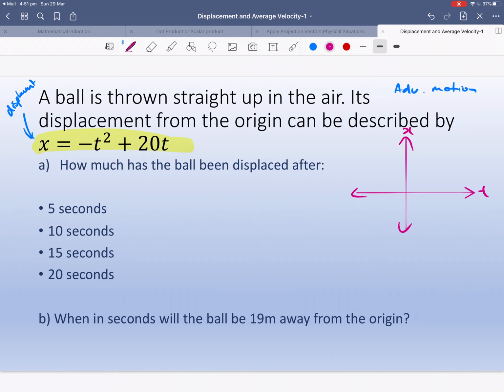Now, we can factorize this, so I'm going to factor this out. x equals, let's factor out minus t, then we get t minus 20. And I know this is a negative parabola because of the coefficient of t. So we've got a graph.